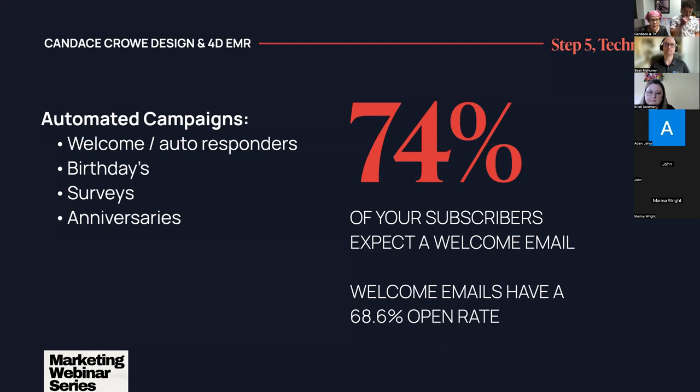You might say, come in for a 25% gift card you can put towards something. 74% expect a welcome email. It's just like when you answer the phone, you say hello. When they sign up, you say hello. And their open rate is 68.6%, which is way over 20%, right? So why not do that?